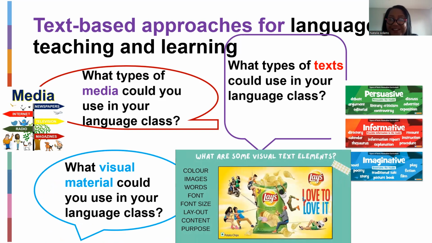There's two girls wrapping, trying to push together a Lay's chip, there's two on a motorbike, and people climbing on. So what are the colors, the images, the words that you see in the text, the font they are using, the font size, the layout, the content, and what's the purpose?